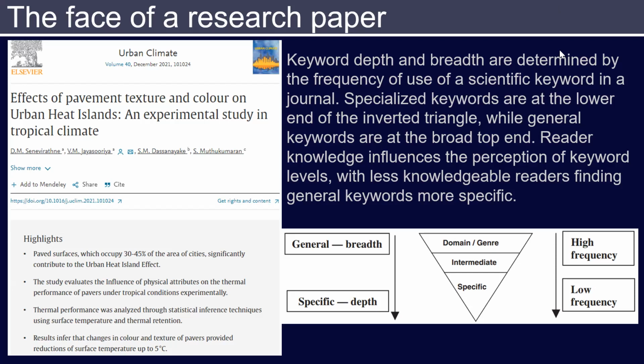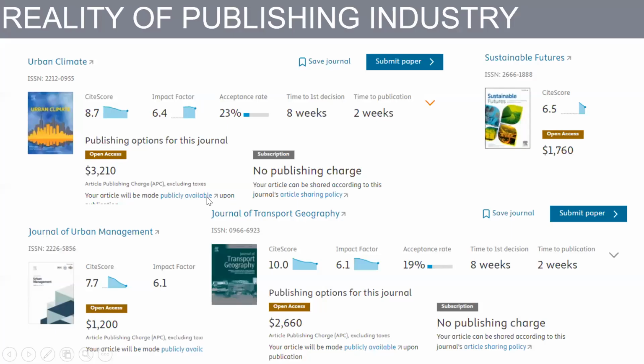Right. Now let's go into the practical stuff. This is the reality of publication. I think the do's and don'ts in research publications cannot be discussed without understanding the practicality of the real publication world.